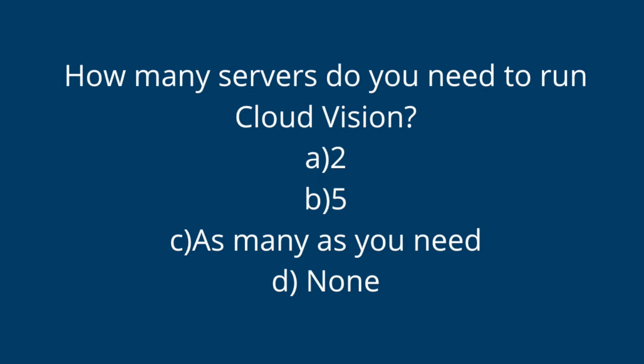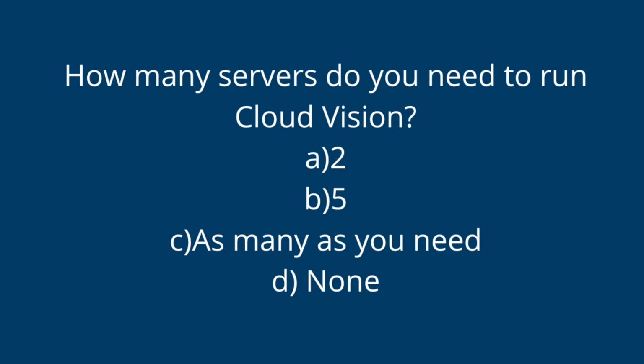So it can't be 2 and 5. And in the exam, it's best to work through elimination, so don't just straight away eliminate anything unless you have a reason to. We have a reason to eliminate 2 and 5 because they're too specific and it's not elastic. As many as you need, that's a potential answer, and none, that's also a potential answer.